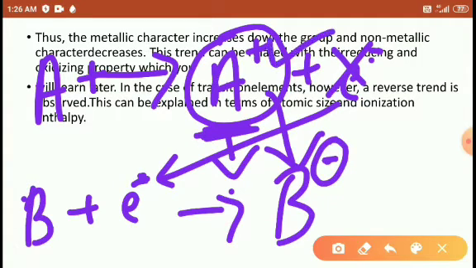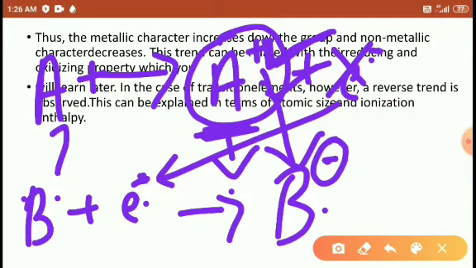If A is not ready to release electrons, how will B accept them? So A is responsible for the reduction of B, and A is called the reducing agent.